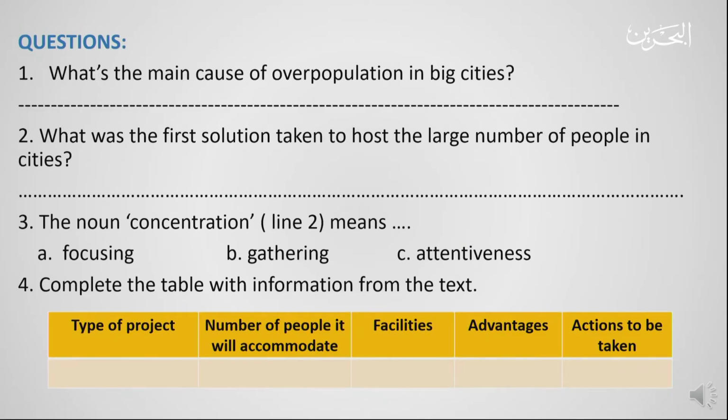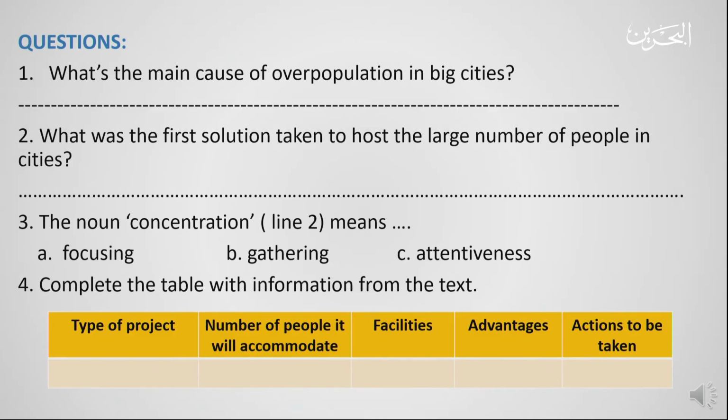Now let's read the questions and find out the answers. Question 1. What is the main cause of overpopulation in big cities? Number 2. What was the first solution taken to host a large number of people in cities? Number 3. The noun concentration, line 2, means focusing, gathering, or attentiveness. 4.